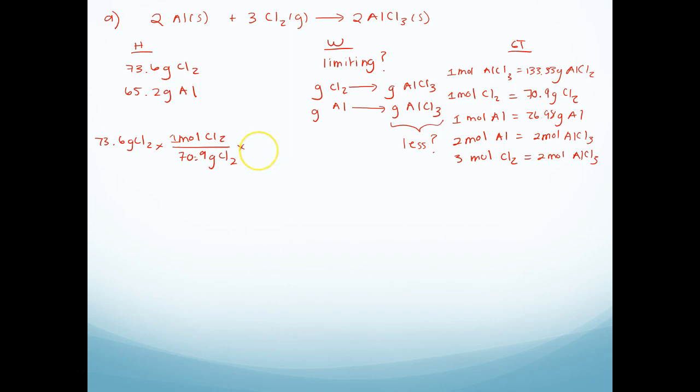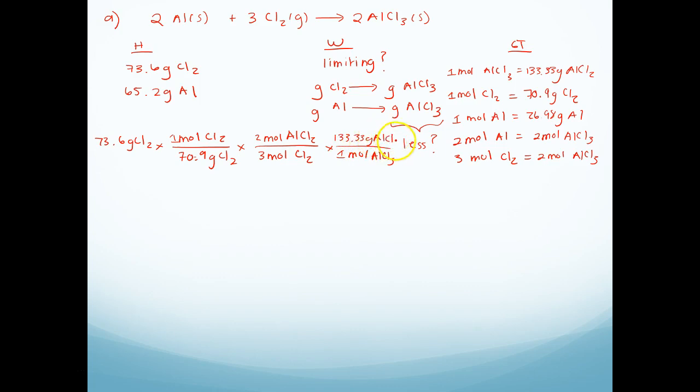Okay? We said over here, for 3 moles of chlorine that I react, I'm producing 2 moles of aluminum chloride. And then for 1 mole of aluminum chloride, it weighs 133.33 grams.